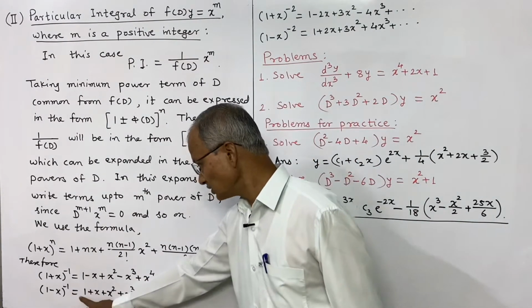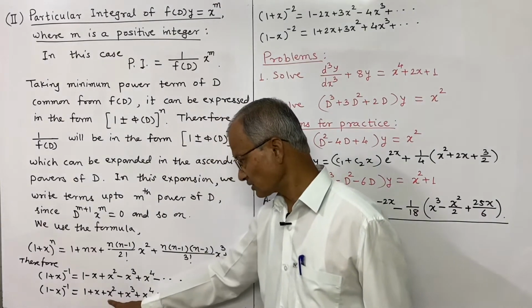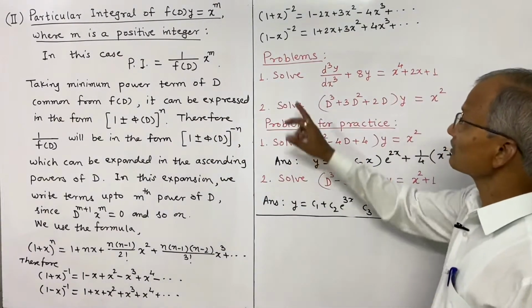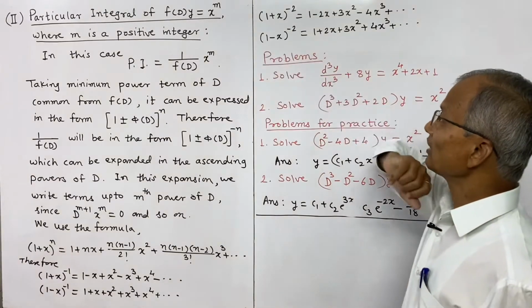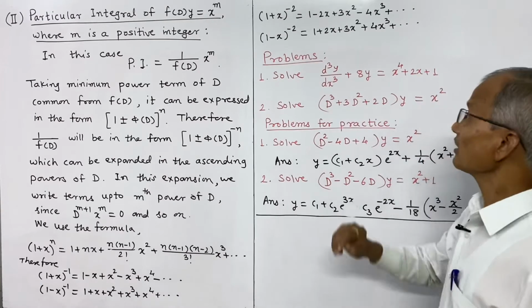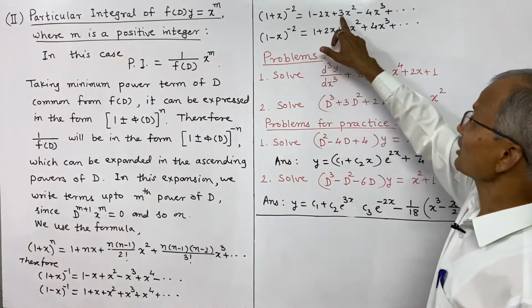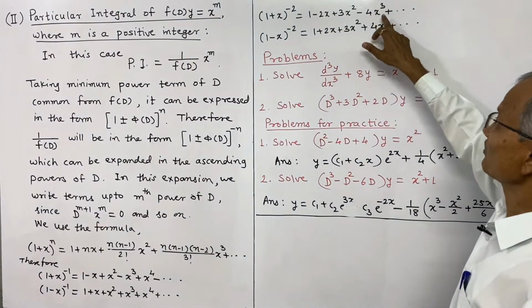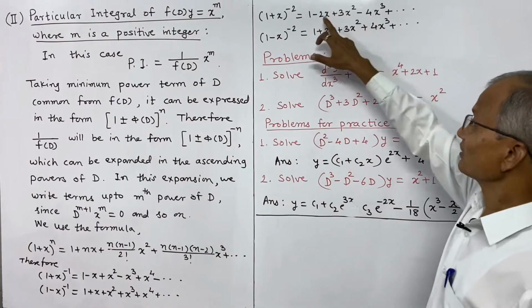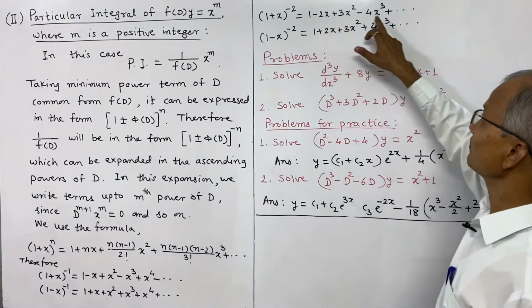So here each term is positive, 1 plus x plus increasing powers of x. And likewise another formula can be written in this form, 1 plus x power minus 2. Here 1 minus 2x plus 3x square minus 4x cube, etc. The terms are alternate positive negative. The coefficients are 1, 2, 3, 4, etc.